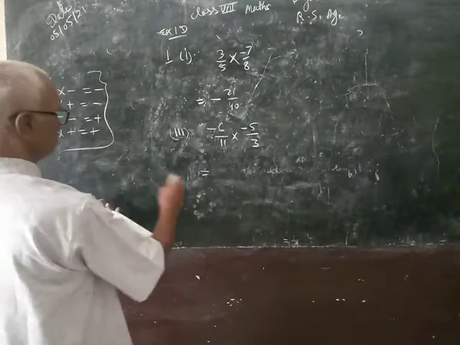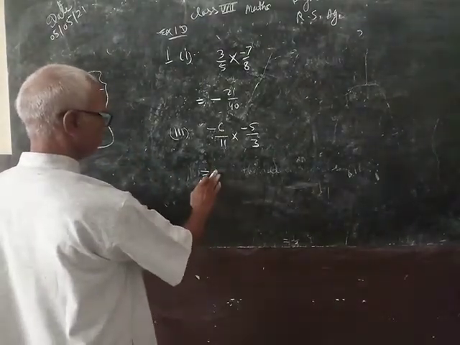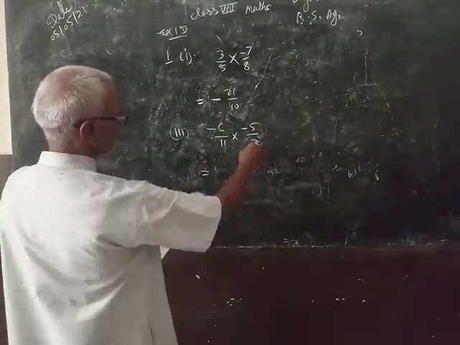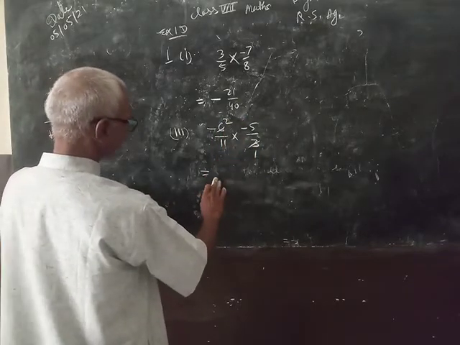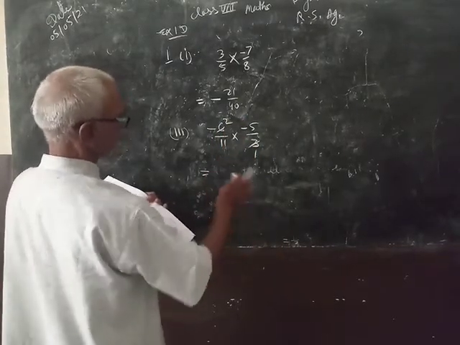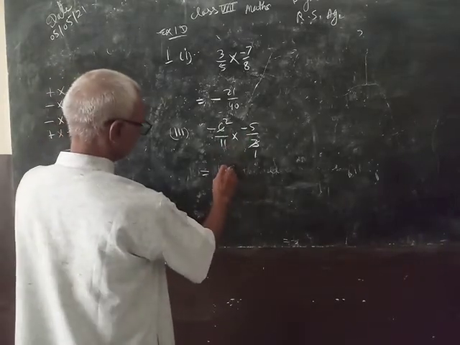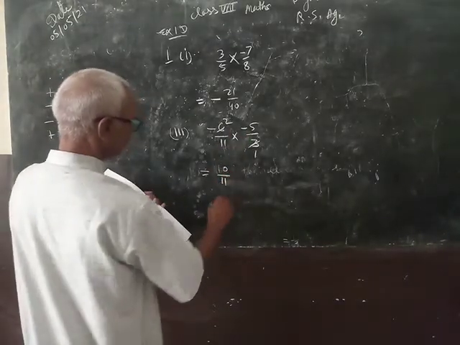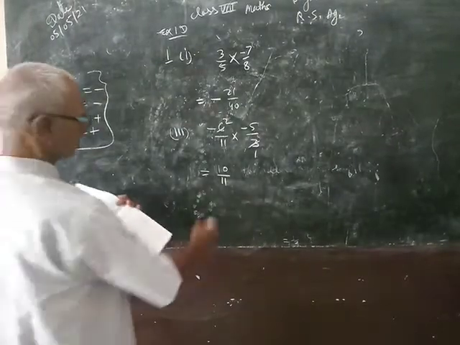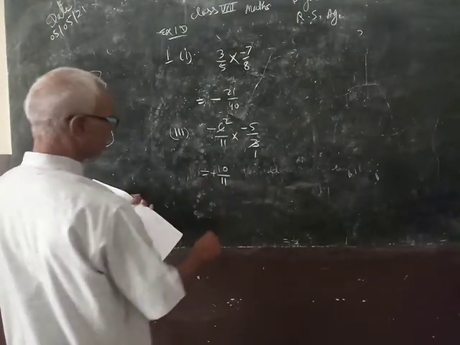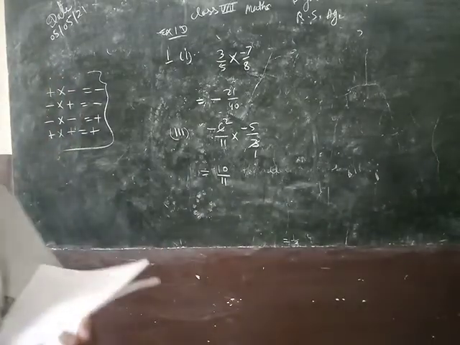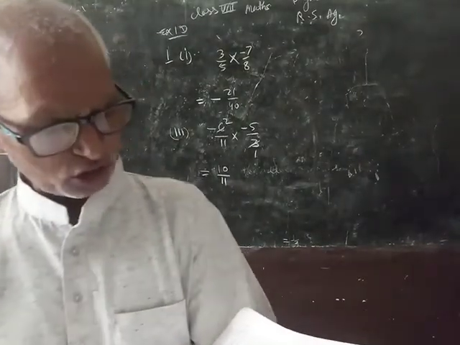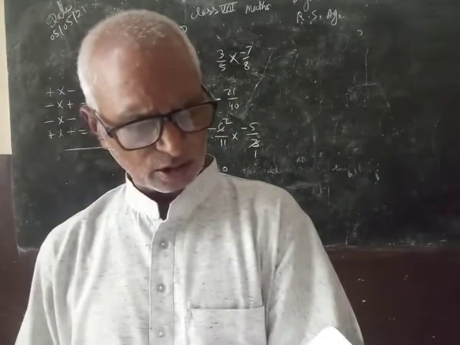There is no need to write positive; you can write it, but no need. 3 ones are 3, 3 twos are 6, so it becomes plus, 5 twos are 10 by 11. If nothing is written, it means plus. If you write plus here, nothing is wrong, but whenever a number is positive, there is no need to mention it. This is the third part.